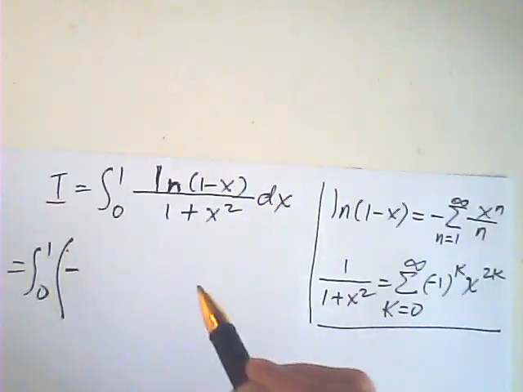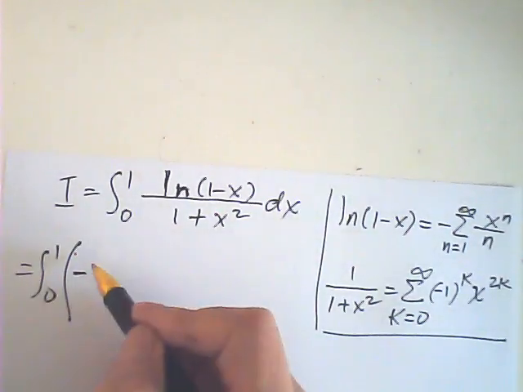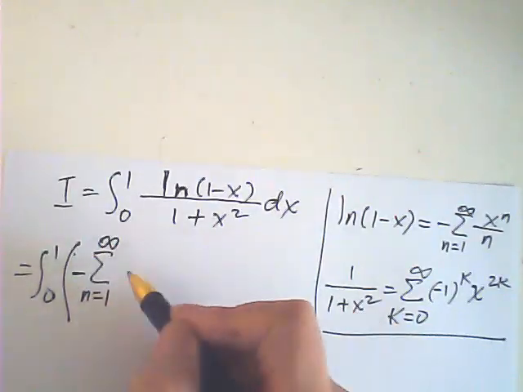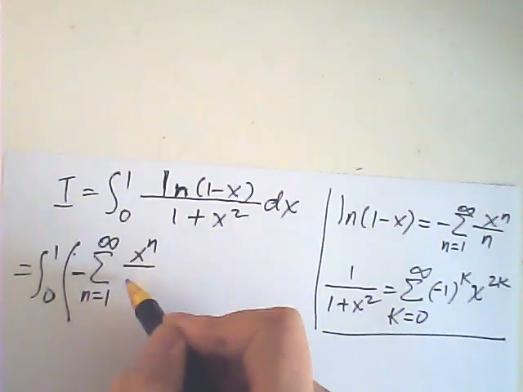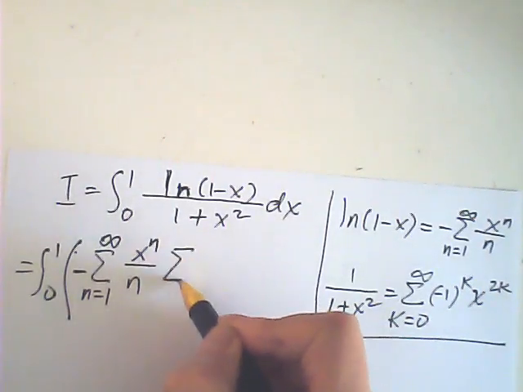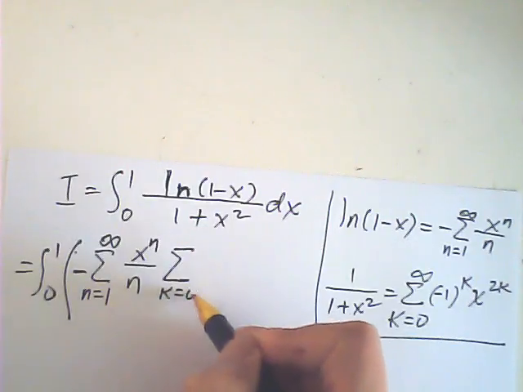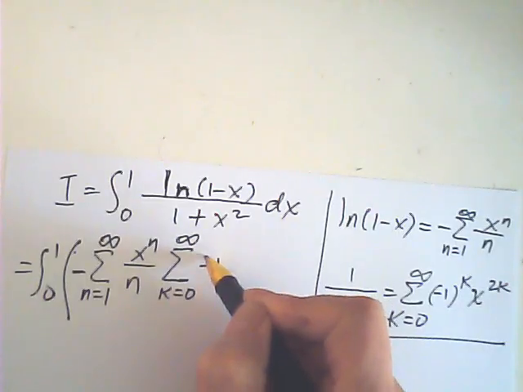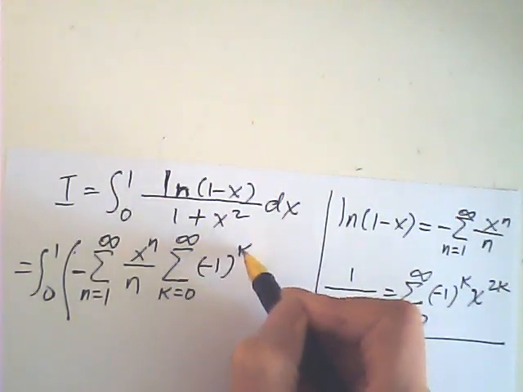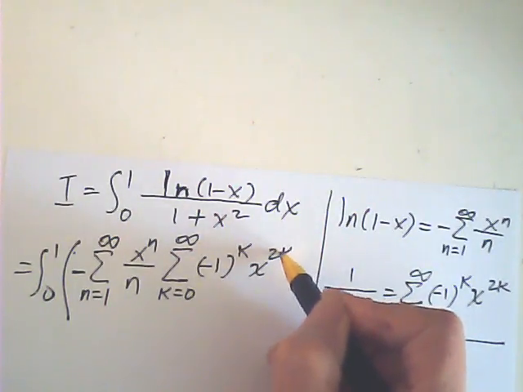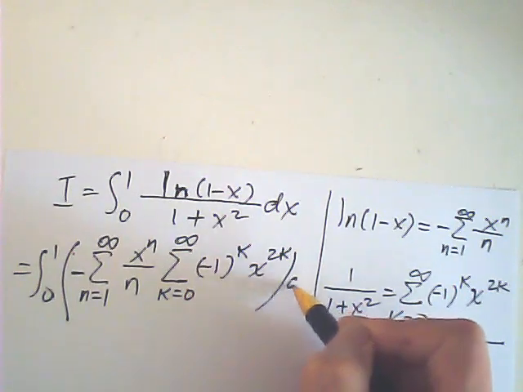And this is because the first one is this one, sigma n equal to 1 to infinity, x to the n over n. Then for this integral, k equal to 0 to infinity, negative 1 to the k, x to the 2k, and dx.